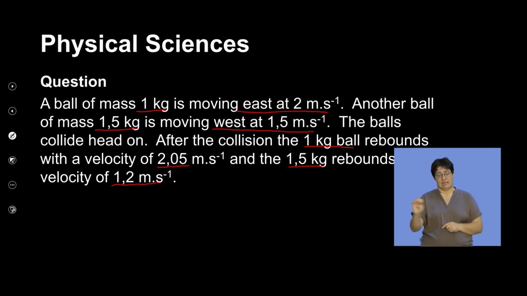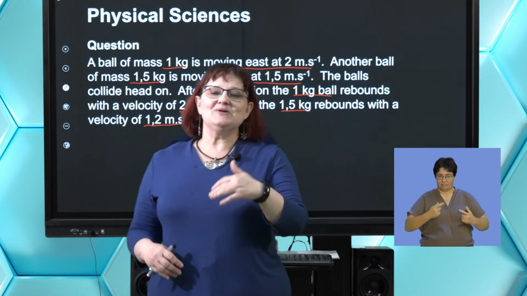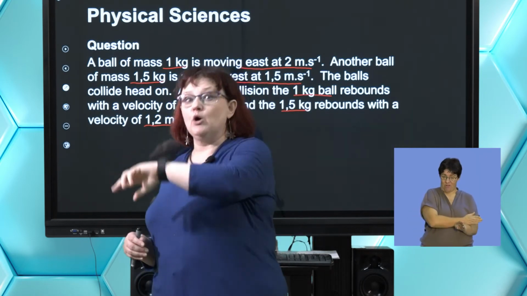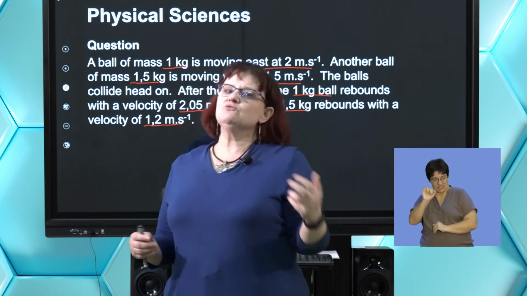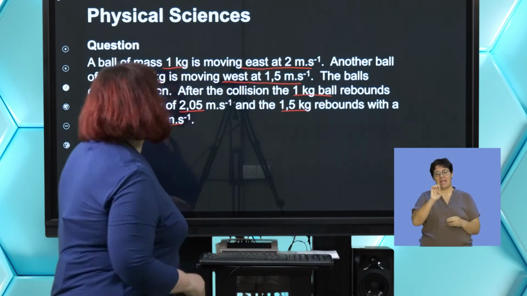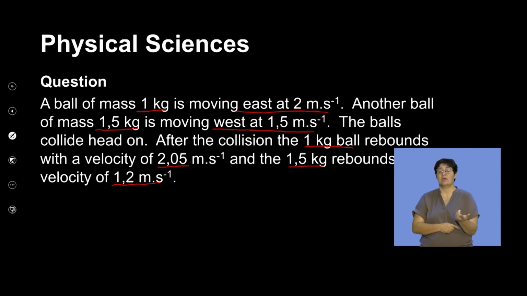They've been really nice in this question because they've given you both before velocities and both after velocities. There's a reason for it because we're trying to just get to the kinetic energy part of this, okay? So what's the situation? We have a 1 kilogram block moving east at 2.